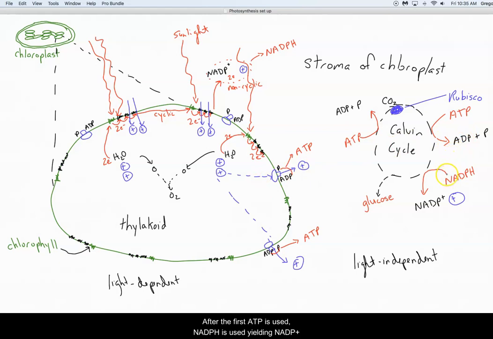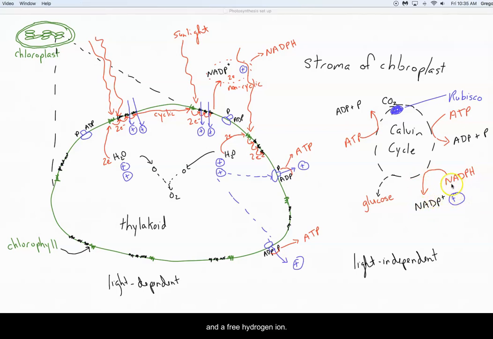After the first ATP is used, NADPH is used, yielding NADP plus and a free hydrogen ion. And then after NADPH is used and a 3-carbon sugar is spun off towards the glucose pathway, the other 3-carbon sugar is spun up in the cycle.